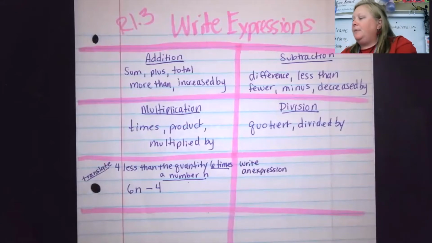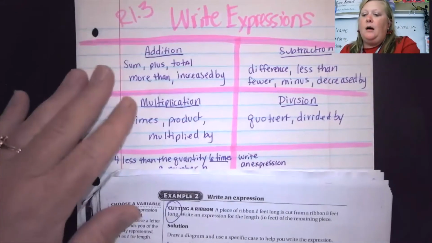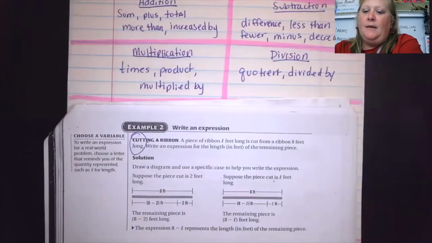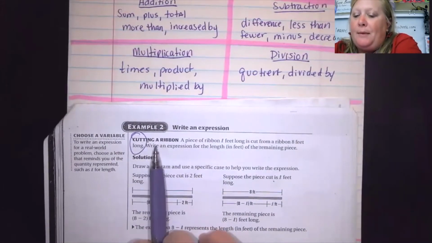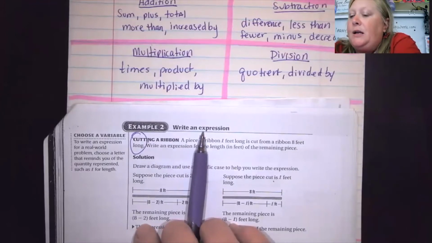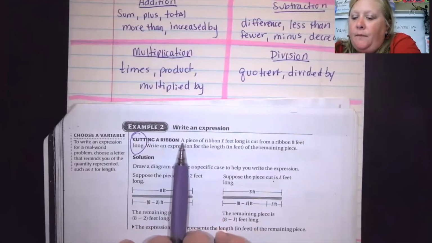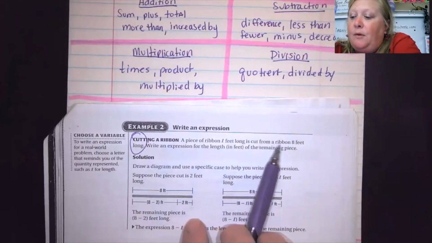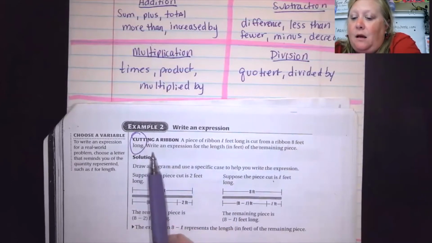Okay, so I'm going to share with you a piece of writing here. This is an example of a ribbon. It says cutting a ribbon. First of all, it says an expression, not an equation, okay? So a piece of ribbon L feet long is cut from a ribbon that's 8 feet long.